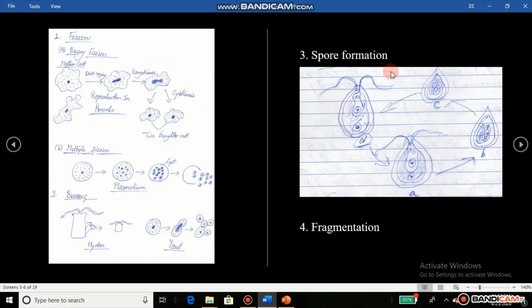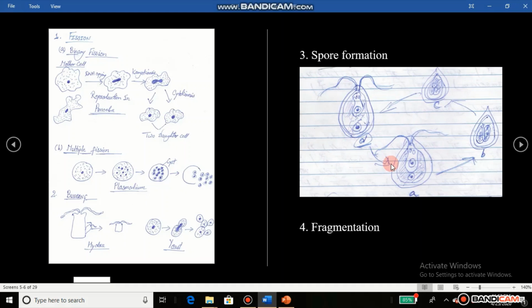Okay, let's see the diagram. This is the diagram of the green algae Chlamydomonas. First, it is labeled A. So see, this is the general diagram of Chlamydomonas. It is biflagellated. Okay. This is the plastid of this algae. It creates 2 or 4 spores.